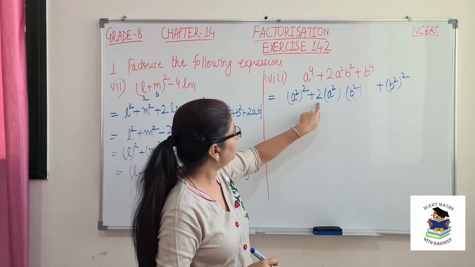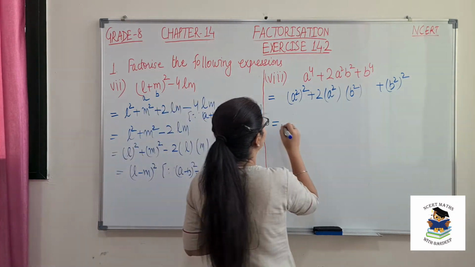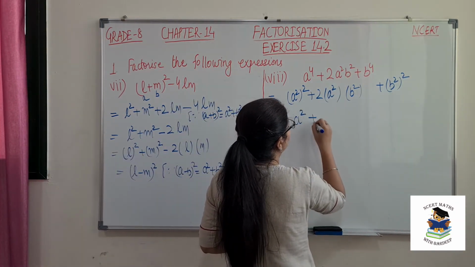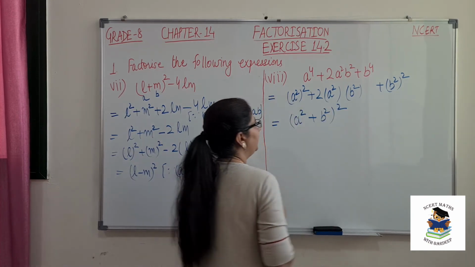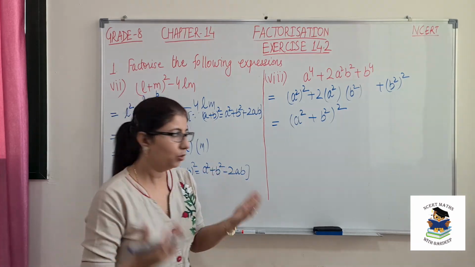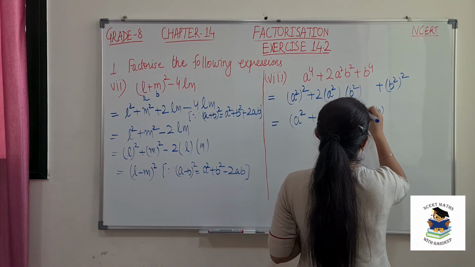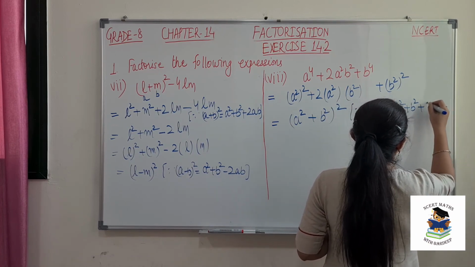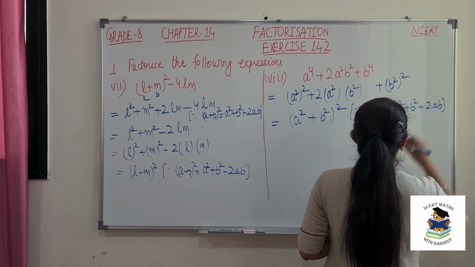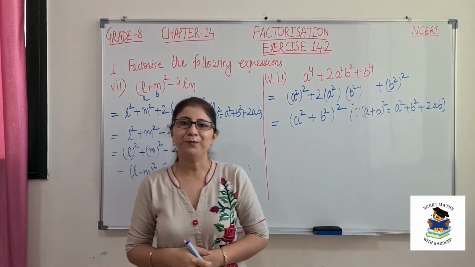So when you multiply, we will get 2a square b square. So this is equal to a square plus b square whole square. So we will write, because a plus b whole square is equal to a square plus b square plus 2ab. Right? So this is our question number 8.